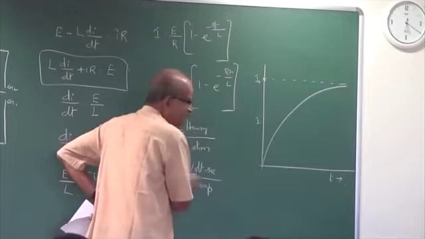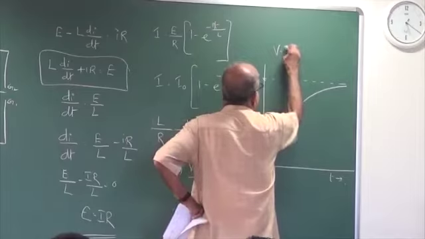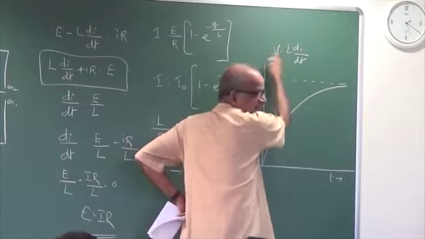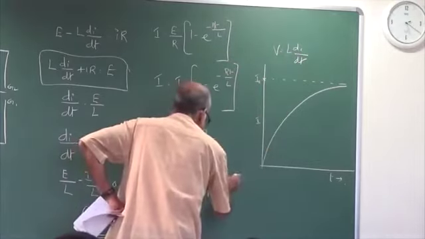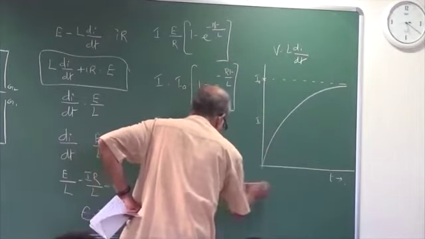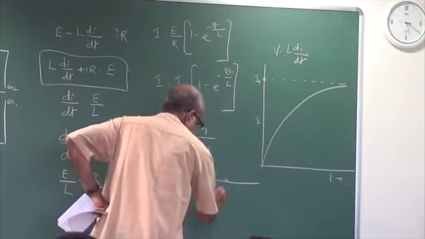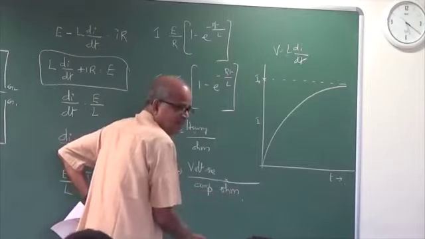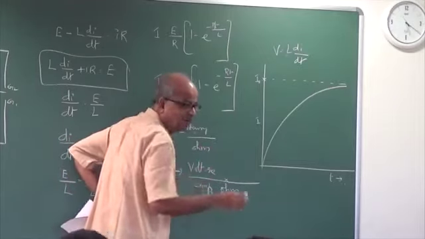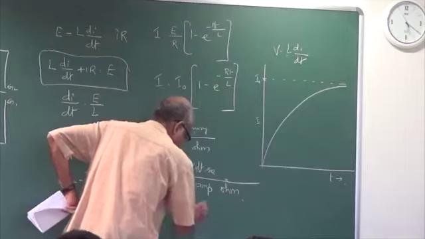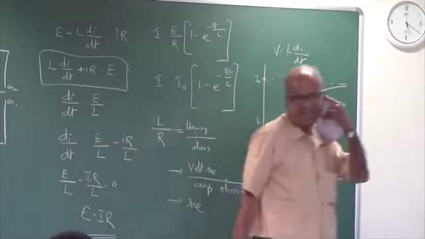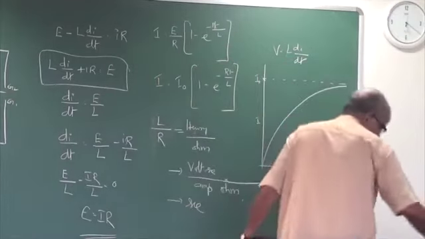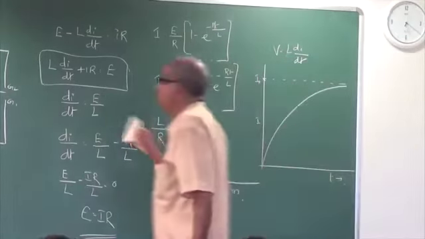V is equal to L dI by dt, so L is V dt by dI. Divided by ohm. Ampere into ohm is V equal to IR, volt. That volt cancels. That shows that L by R has the dimension of time. It is actually called the inductive time constant.